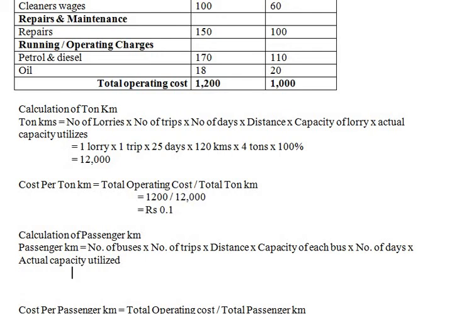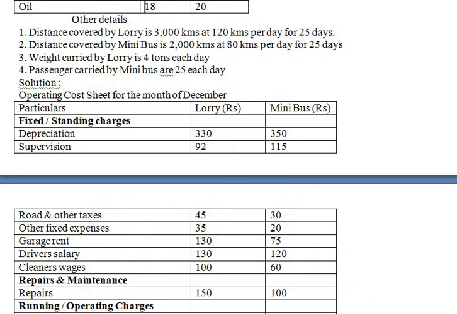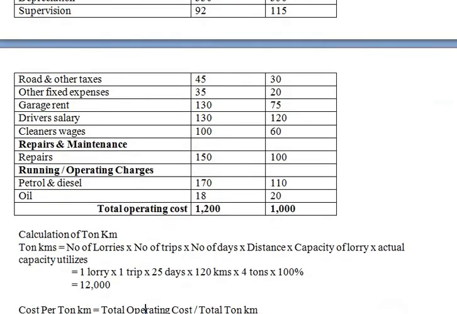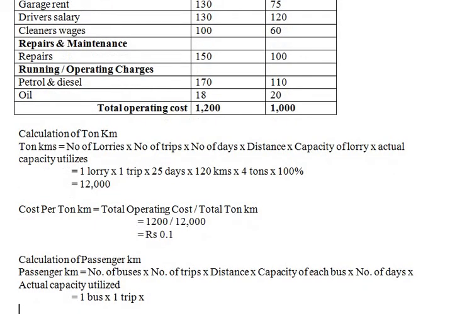He is owning one minibus, so one bus into number of trips is one trip into distance. Go through other information: 80 kilometers per day for 25 days. Our distance is 80 kilometers.